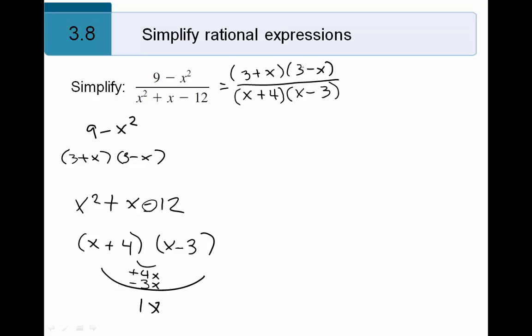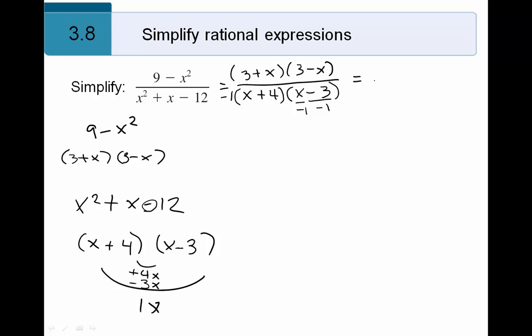Now notice up here I have the factor 3 minus x. That's not exactly the same as x minus 3 because 3 is positive here and this x is negative. So in order to remove these common factors, I'm going to have to factor a negative 1 out of one of these. So I'm going to factor a negative 1 out of here, and I'll just put that negative 1 in front.